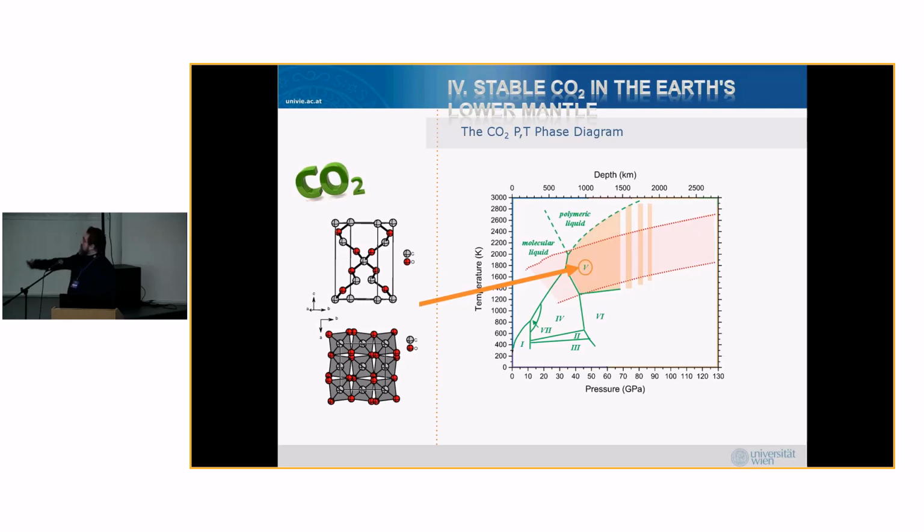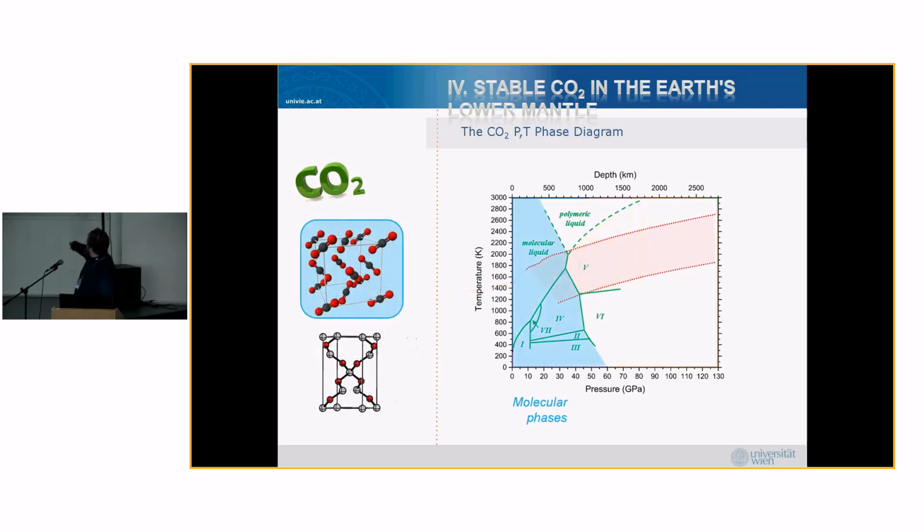So it is a structure that is pretty much the same as the mineral cristobalite, because it is silica, where in the fourfold coordination, you just replace the silicon by the carbon atom, and you end up in the same structure here. So that means basically here is a trend line here, where we have got the molecular phases, while on the other side here we have got these polymerized or extended phases that involve the coordination change.